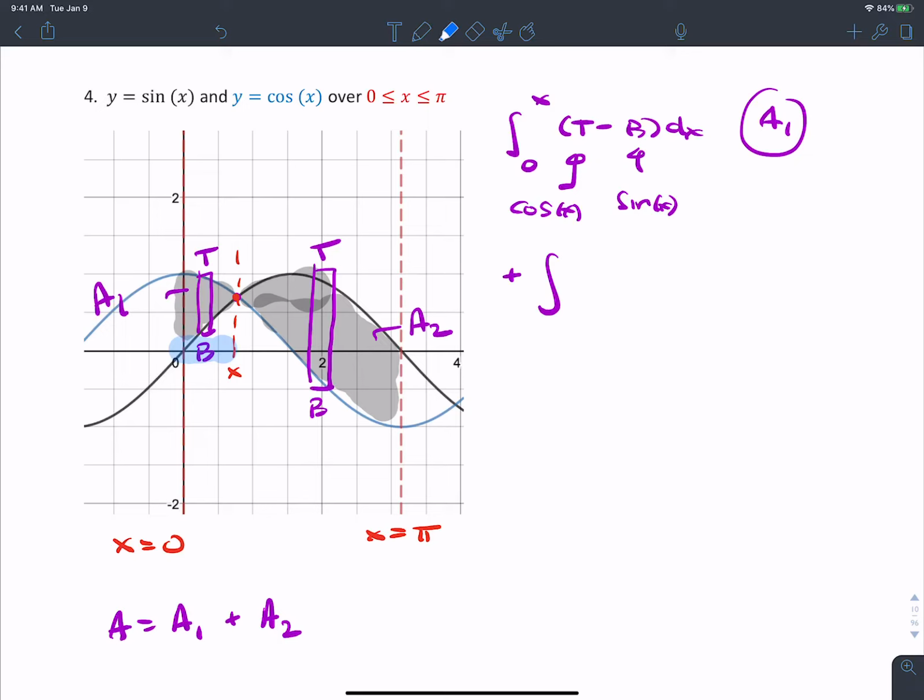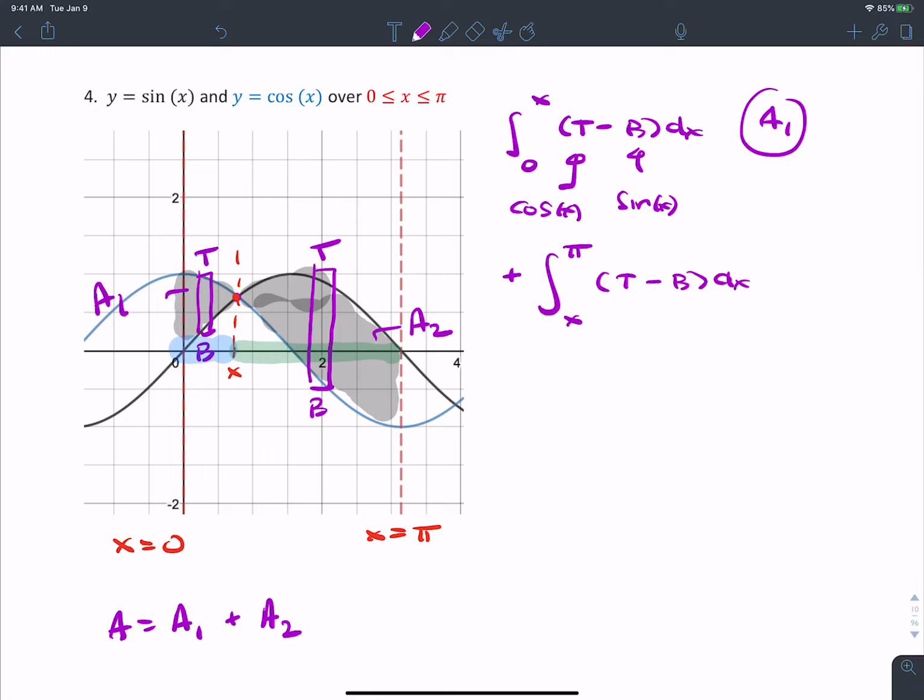Now, that second integral is going to be from this x value all the way up to what? Pi. So I don't know that value of x up to pi. And again, I have a top minus a bottom here. But because it's switched, which is now the top curve for the second integral?